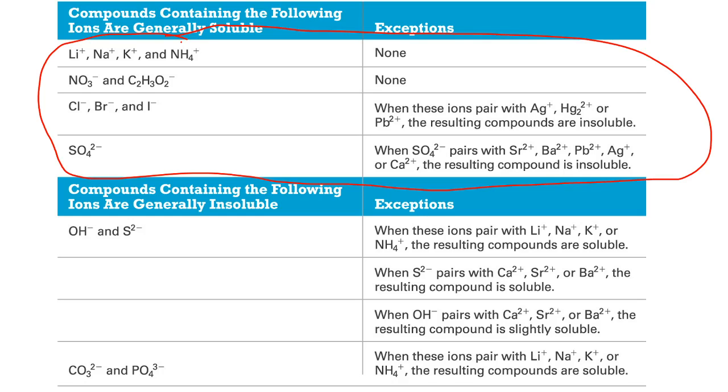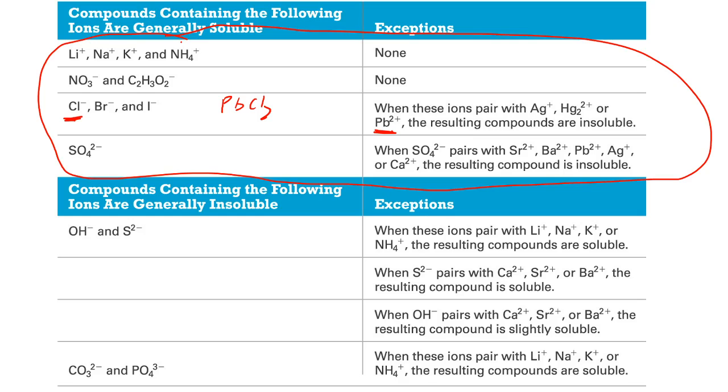So for example, I said that lead-2 chloride, my PbCl2, was going to be a rock if I put it in water. Well, chloride is usually soluble, but lead-2+ is an exception. So if lead-2+ or mercury or silver are attached to chlorine, bromine, or iodine, they'll actually form solids, even though usually they would be able to dissolve in solution.